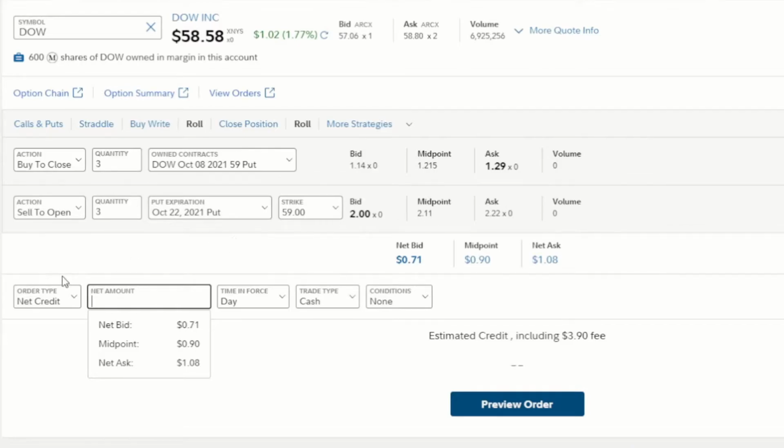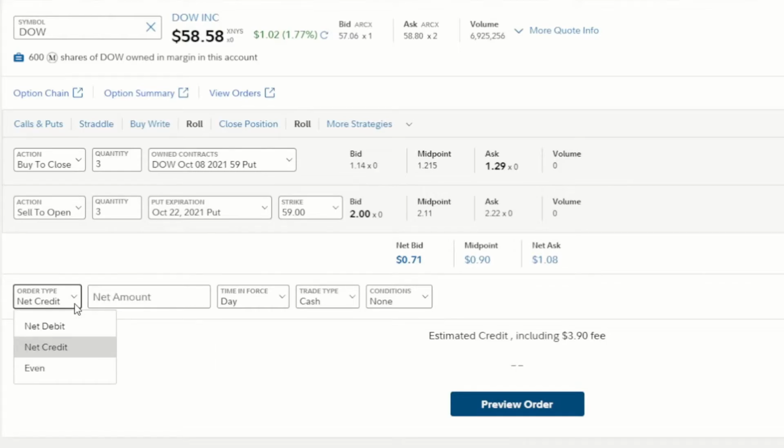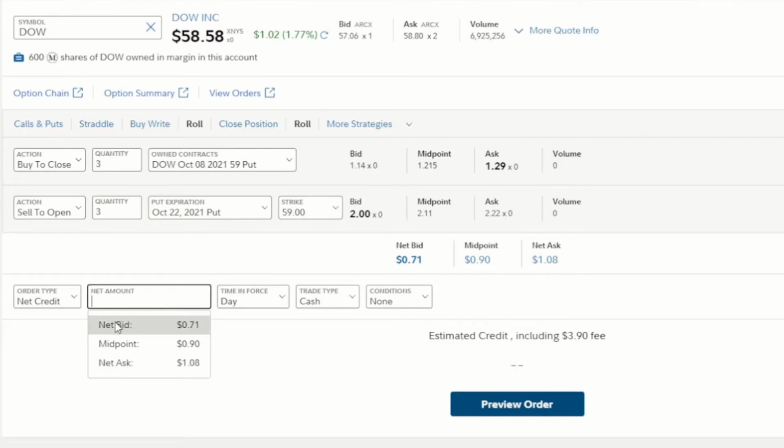Okay. So down here, you're going to see an order type, and it should default for you to whatever the correct answer is. So in this case, $2 is greater than $1.29, so it's going to be a net credit. Otherwise, it's net debit or even. So we're at a net credit. We're putting money back in our pocket, and we're going to say net bid, for sake of argument.